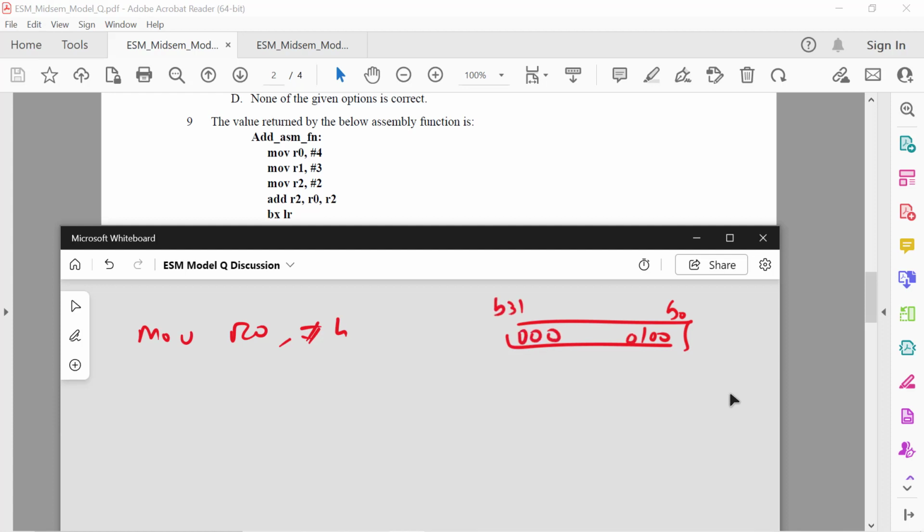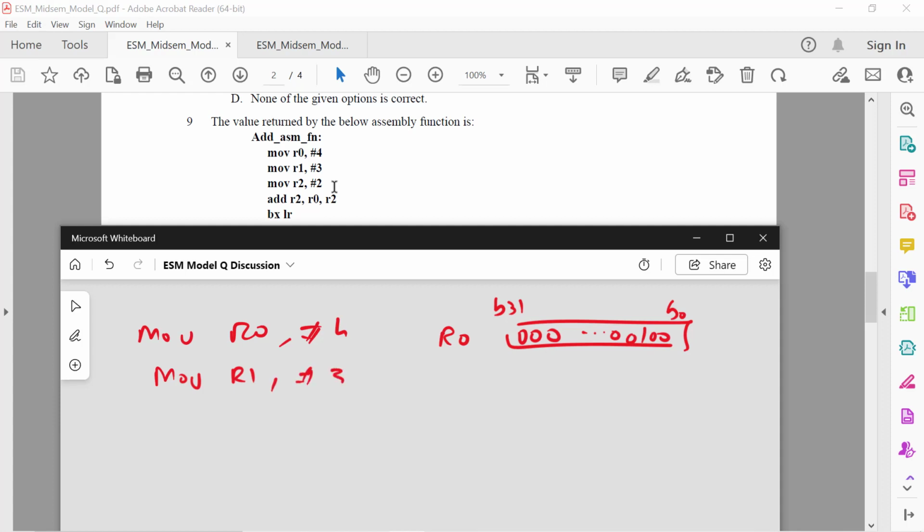This is how I will be solving these problems, and I want you to do the same in case you find it useful. Always remember that you are considering a 32-bit value, that you should never forget. Even if I am saying 4 or 3 or 2 or 1 or even 0, if I write it, 32 bits are there, remember that. So always keep that larger picture in mind.